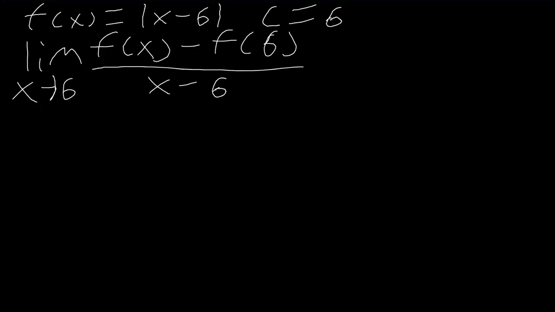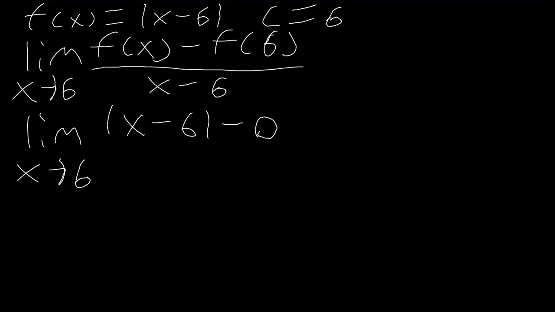Okay, so now we can just plug in the absolute value of x minus 6 for f of x. So we're going to have that minus f of 6, but f of 6 is just 0, because 6 minus 6 is 0, and the absolute value of 0 is still 0. So it's minus 0, but that's redundant. We need to write that over x minus 6.